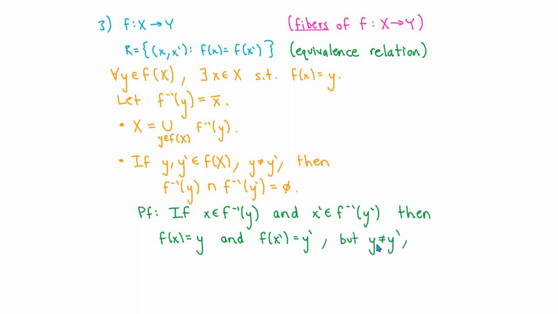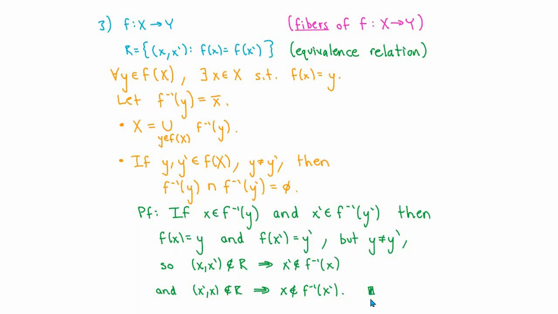But since y and y prime are distinct points in the range, it means that f of x is not equal to f of x prime, so x prime is not an element of the relation. Therefore, x prime is not an element of the fiber above x. And by almost the same argument, x is not an element of the fiber above x prime. Since no element of either set can be an element of the other set, that means that the two fibers are disjoint, and so we're finished with the proof.